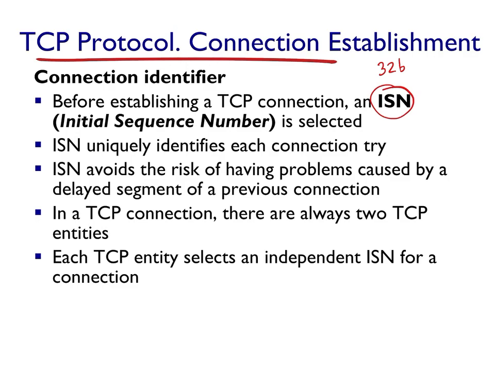So imagine that I'm a client and I want to start a connection; I need an initial sequence number. How to get this value? This value is obtained by means of the time.